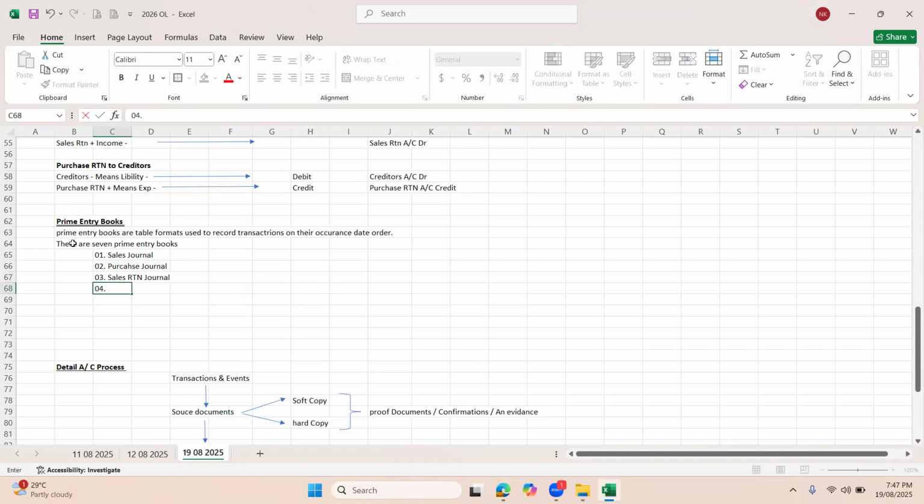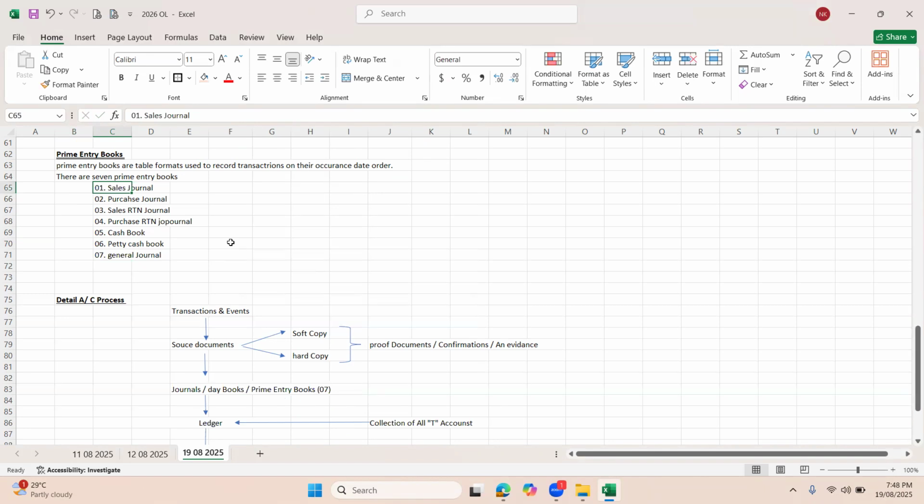Then the purchase return journal. Then the cash book. Then the petty cash book. And the final one is the general journal. Right, we'll study number one, the sales journal.